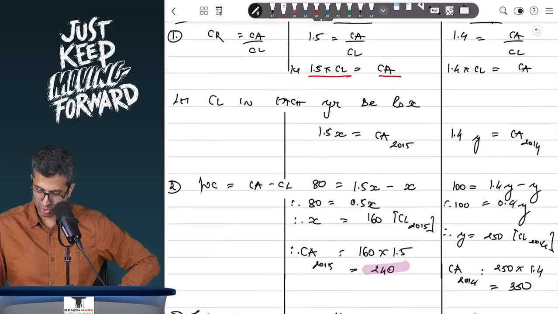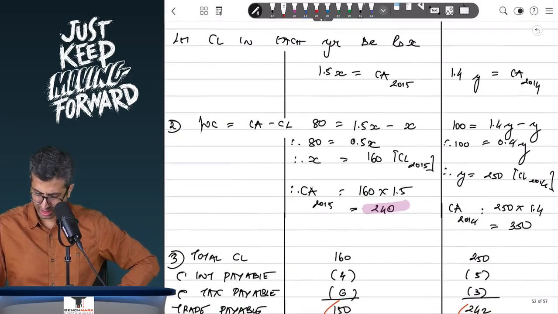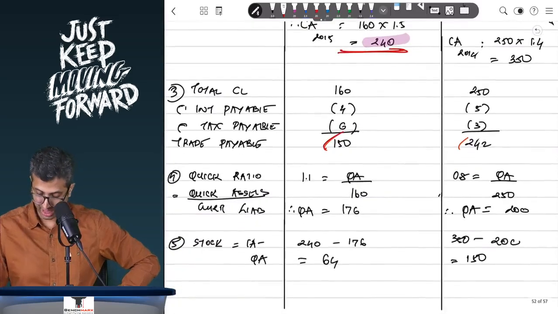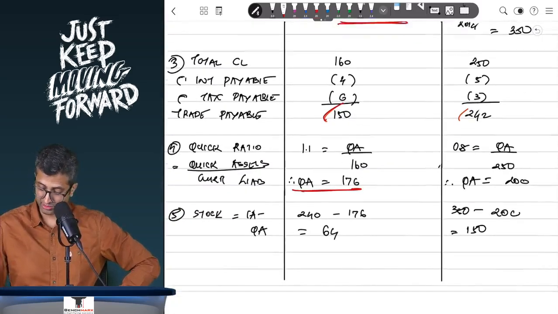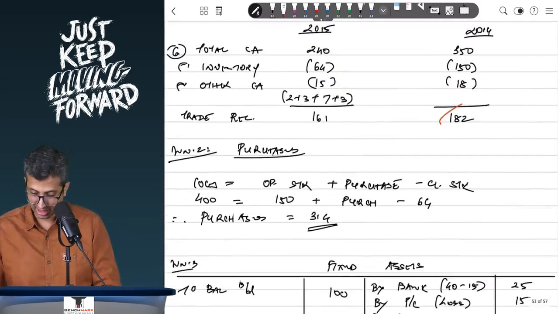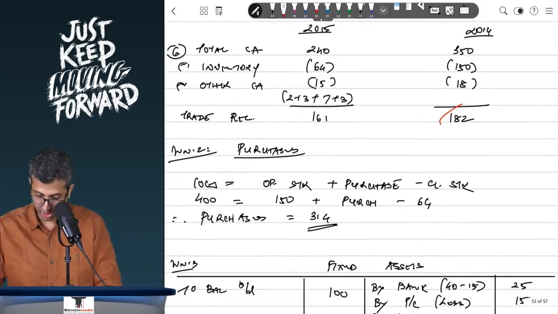1.5 into current liabilities will be current assets. So all said and done, your current liabilities become 160, your current assets become 240. Now over here from current liabilities I removed trade payable, 150. Then I went to quick assets, which is 176, and the difference between 176 and 240 is stock. And then the debtor working will be 161.